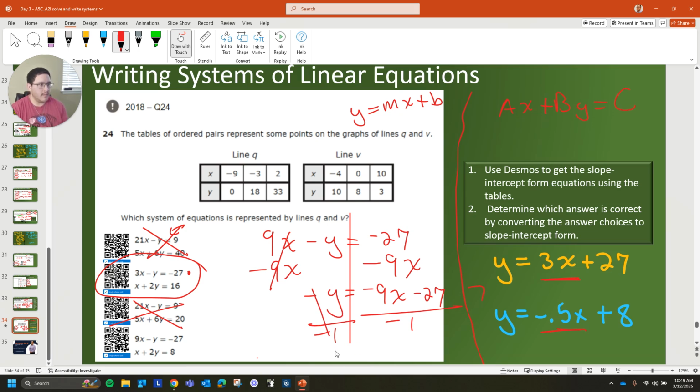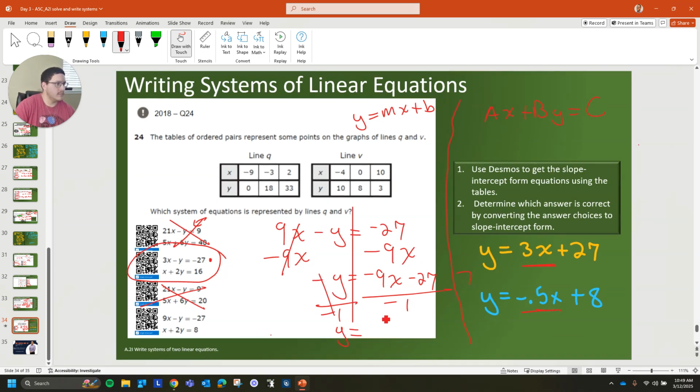Y is equal to negative 9 divided by negative 1, which if you type that into the calculator is positive 9x. Again, I can just stop right here because neither of my choices has a 9x. So this is not the correct answer, and therefore the second choice, the one that we found earlier, is the correct answer.